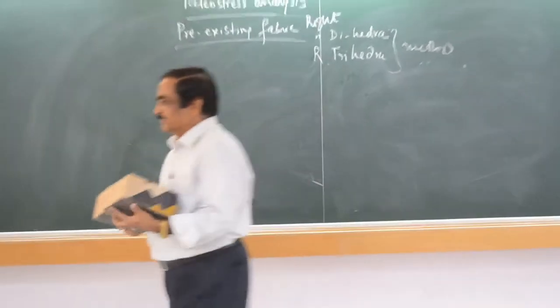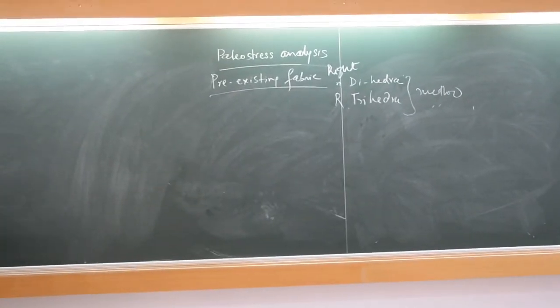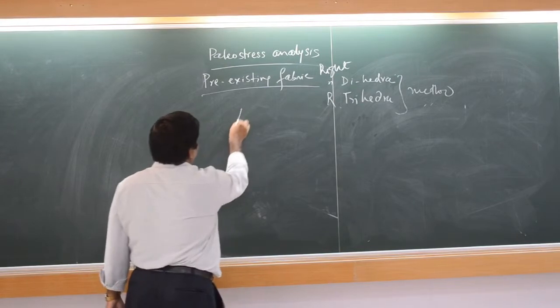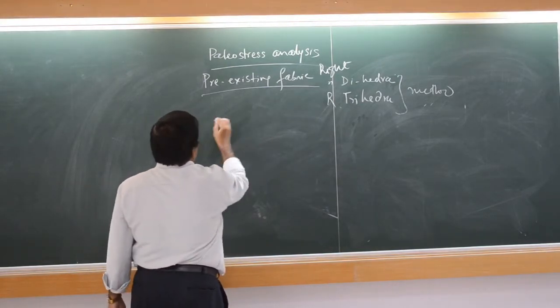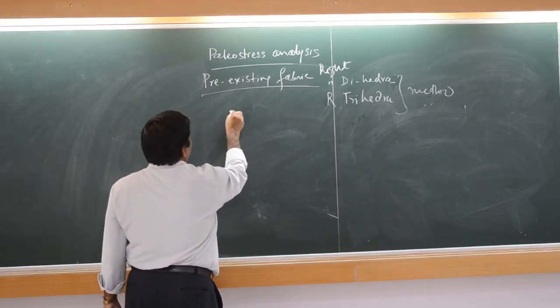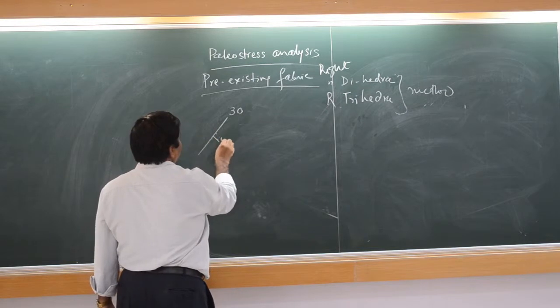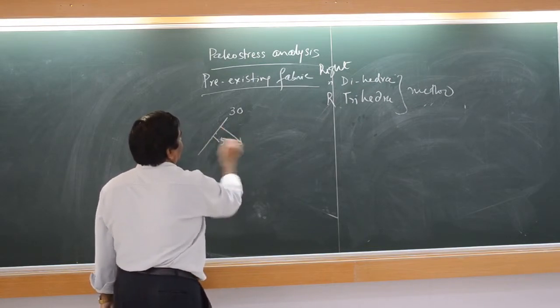Now what it says, you know, how to do it. Suppose one fault plane is 30 degree strike. Here it is 50 degree dip. And slickensides are like this.